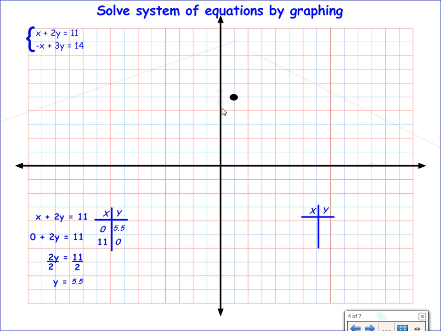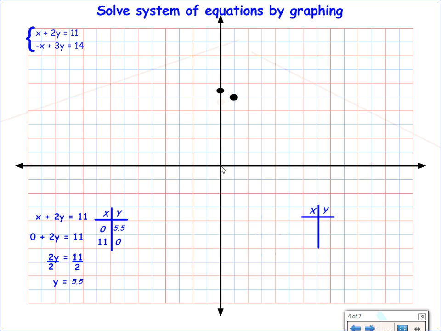2, 4, 5.5, right about there. And then I'm going to find 11 on the x-axis, which is positive, and 0. 0 means that I'm not going up or down.